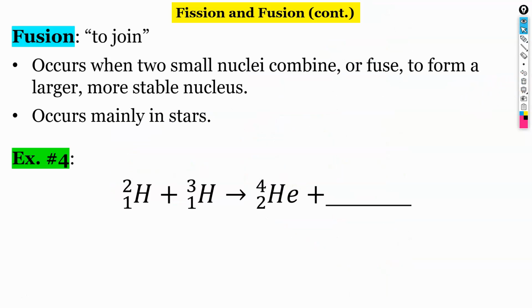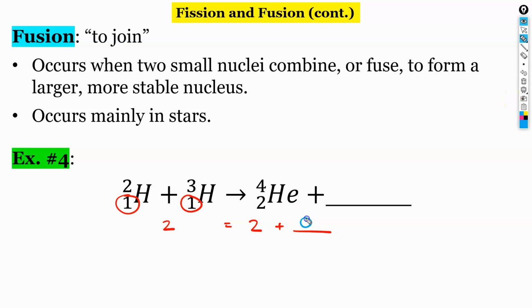Okay, so fusion means to join. This occurs when 2 smaller nuclei combine or fuse to form a larger, more stable nucleus. And this mainly occurs in stars. So we're talking about our sun here. Again, we want to make sure everything's balanced. On the left side, 1 plus 1 is 2. On the other side, we have 2 plus something.